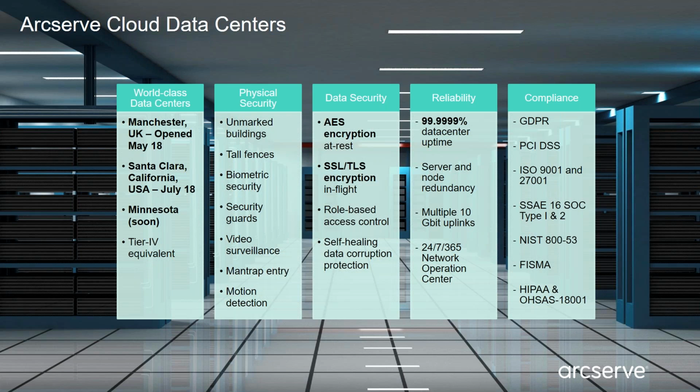You've got higher levels of availability. We're also compliant. We've done GDPR compliance testing. We're ISO 9001 and 27001 certified. So you can rest assured that your data is safe in our cloud, and we will look after it, and we provide a highly resilient service available for all our customers.